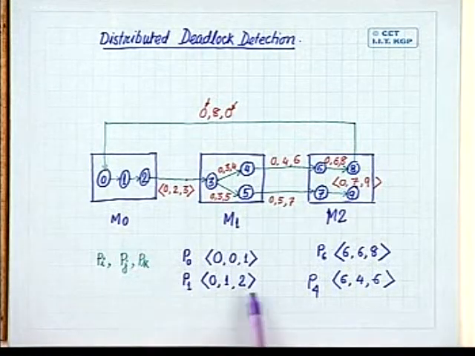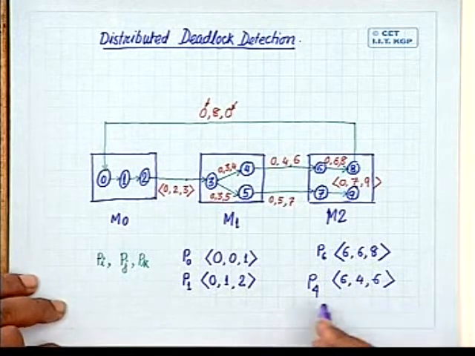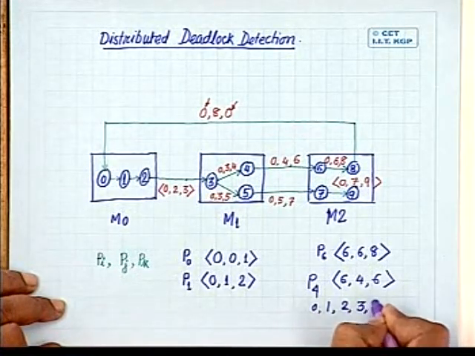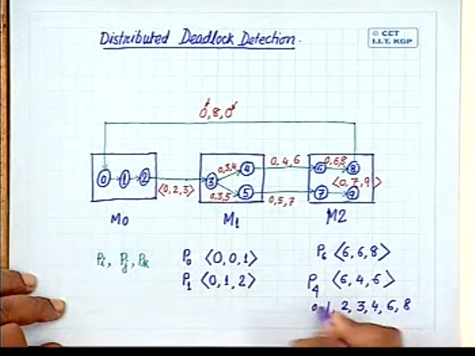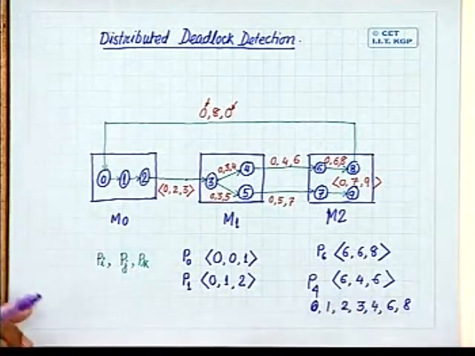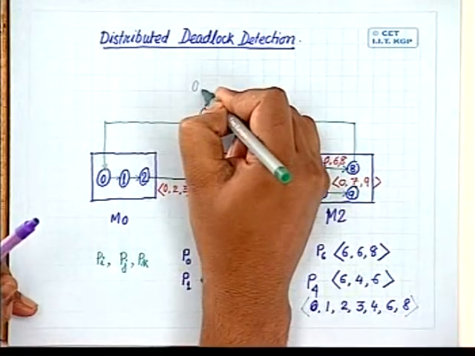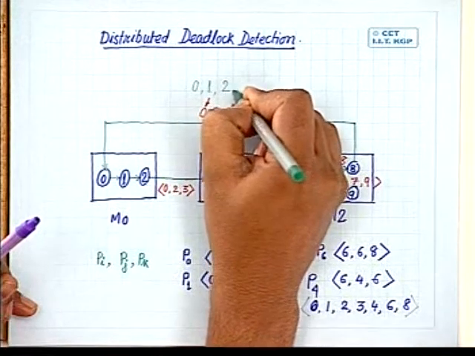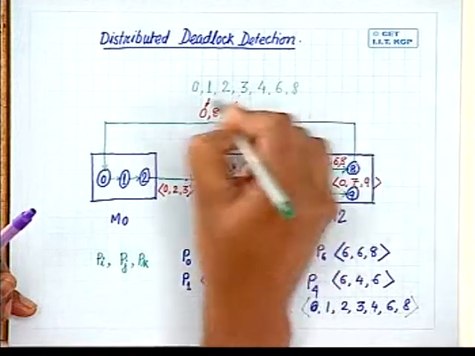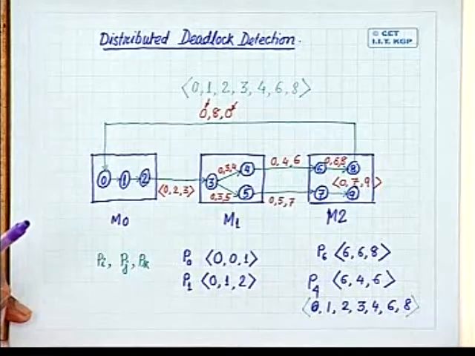So process P6 will get this message, along with the list of processes, which will be 0, 1, 2, 3, 4, 6, 8. It is the same list of processes which is also attached to the other message. So you find that the lists are identical.